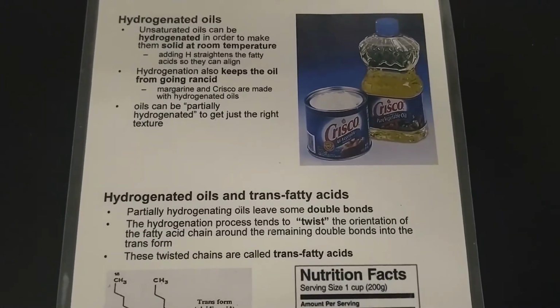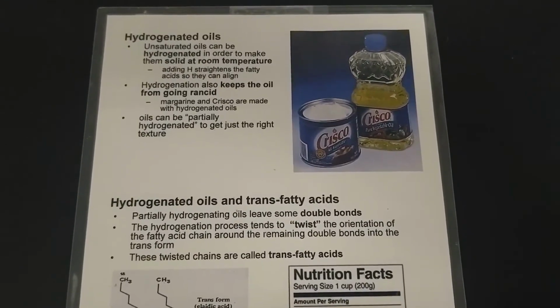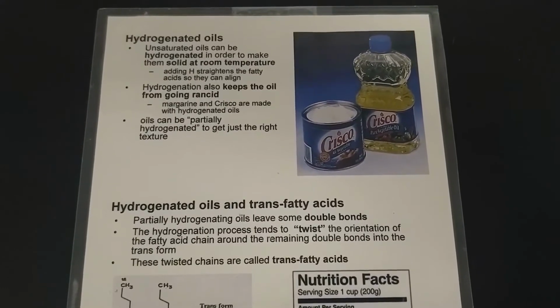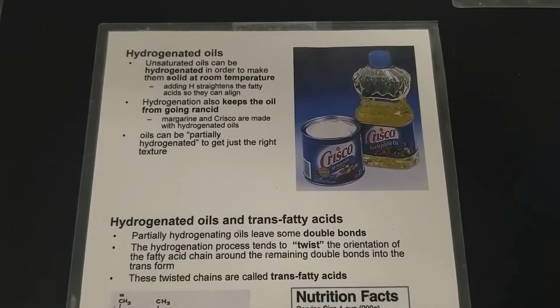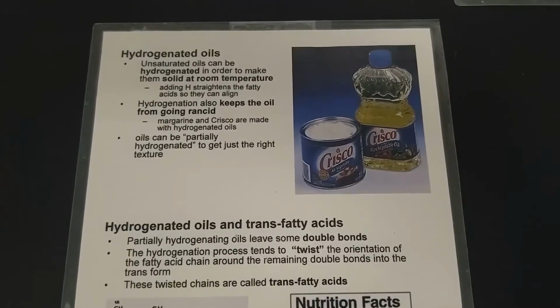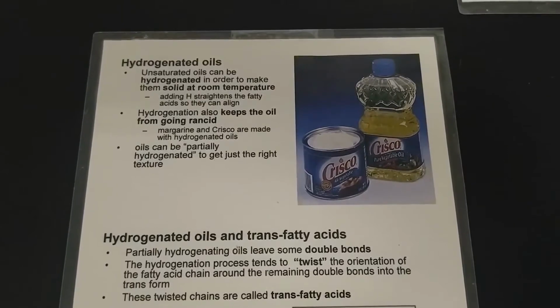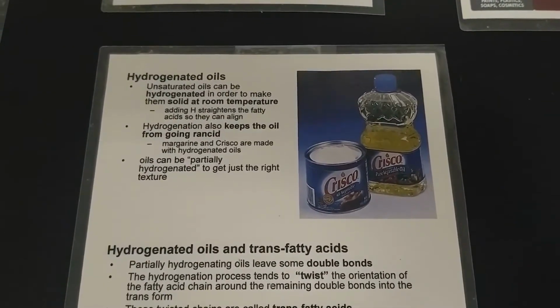So here we have hydrogenated oils. These are unsaturated oils, those kinked oils, you can say, that have been added to by adding hydrogen atoms. It straightens out the fatty acids so they can align better.